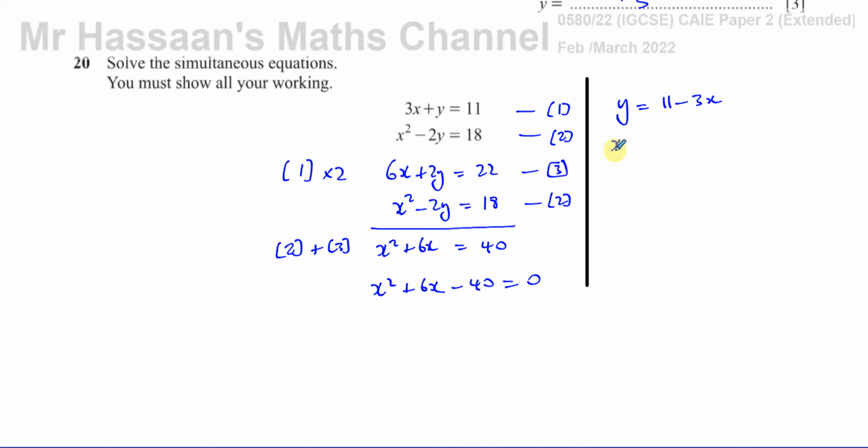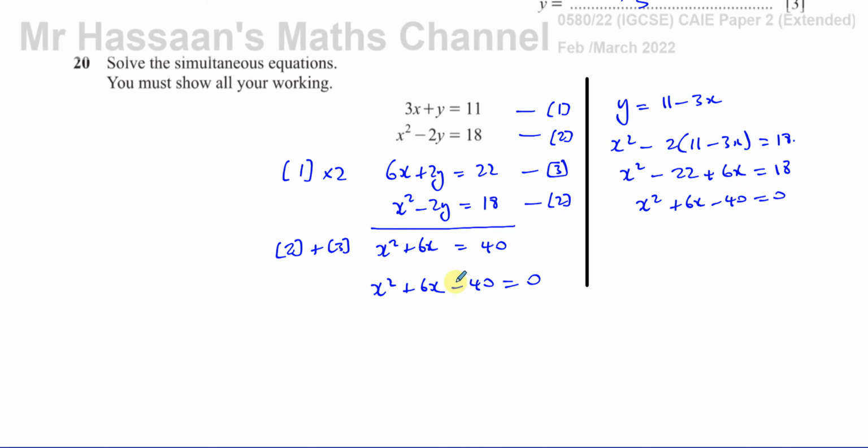So you have x squared minus 2 times 11 minus 3x equals 18. So you end up with x squared minus 22 plus 6x equals 18, and then you end up with the same thing. X squared plus 6x, and minus 22 minus 18 is minus 40 equals 0. You end up with exactly the same equation to solve after that.